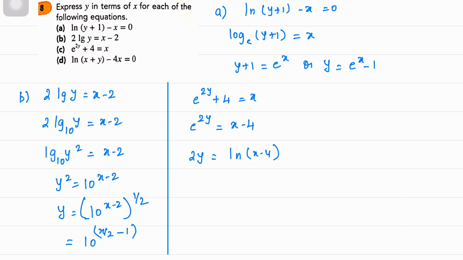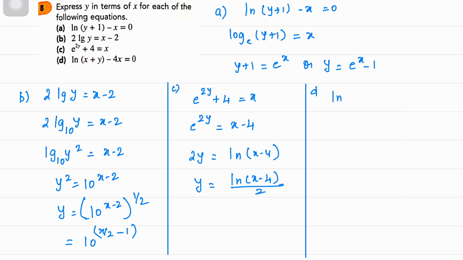So if you bring e to the other side, we can write this as a natural log function, and this is y equals natural log of x minus 4 over 2. So this is the answer. This is C. Now let's do D.